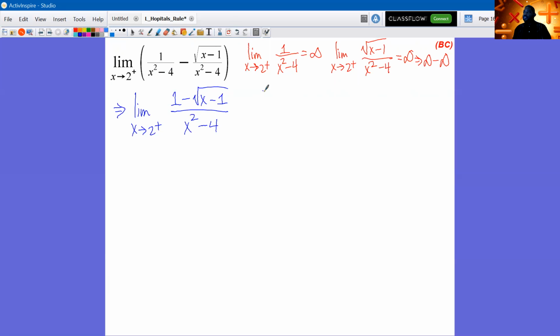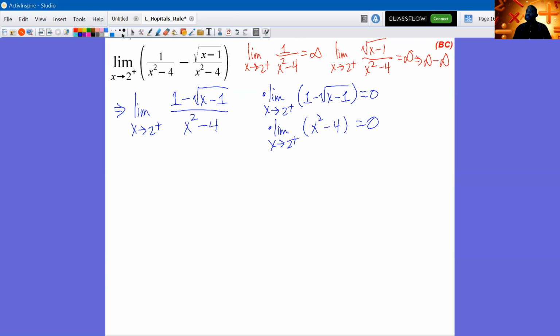We have a new form, so we have to check limits again. If you substitute the 2 in here, you're going to get 0. You substitute the 2 in here again, you're going to get 0.